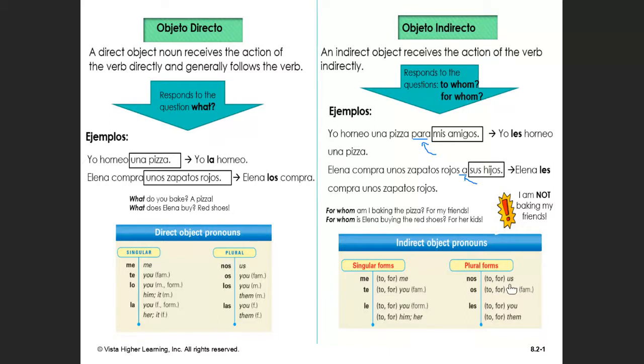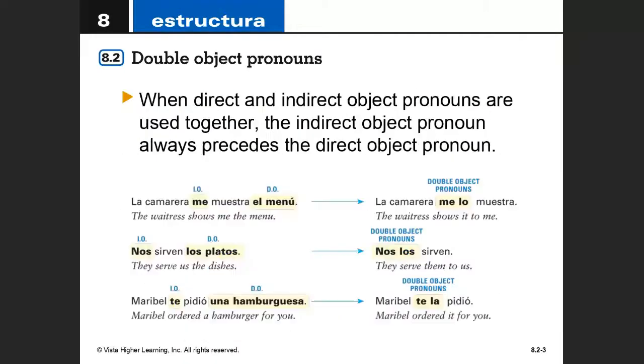Nos, if we are the recipient, or os if it's you in the familiar plural form, or les if it's you in the plural form, and them in the plural form as well. Okay? I hope that so far we are on the same page related to how to find objeto directo y objeto indirecto.